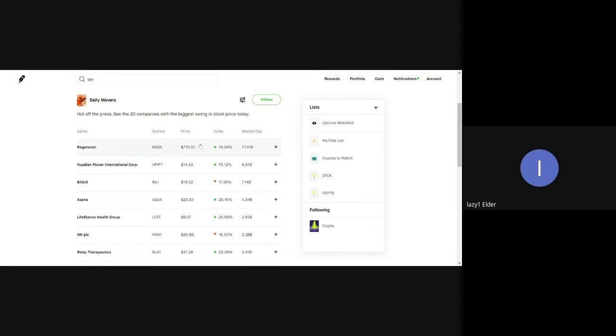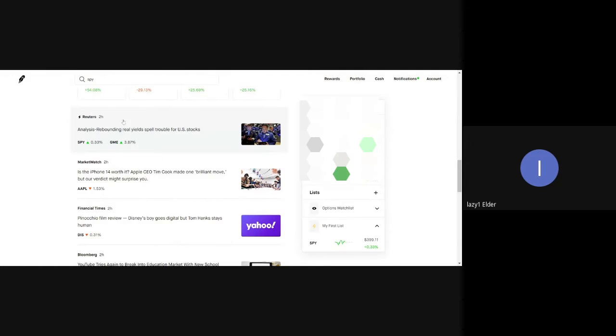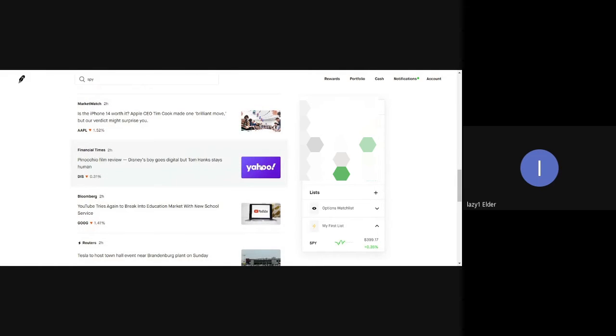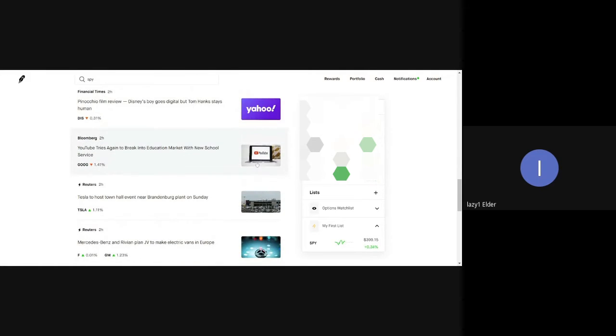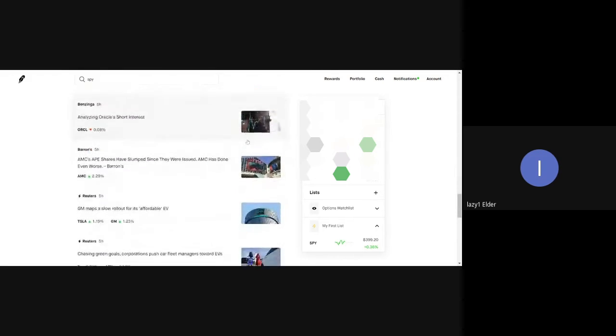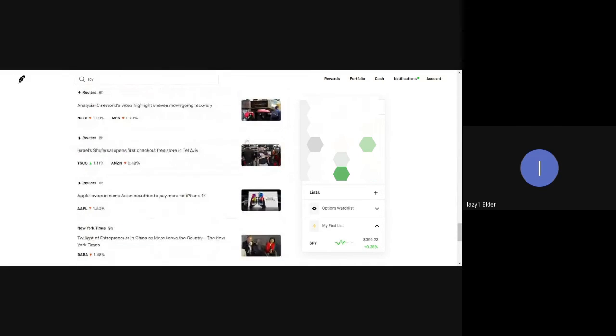The market cap is how much that company is actually worth. More news, you can go to Yahoo. This is basically all your news as you scroll down. And that's all that is.